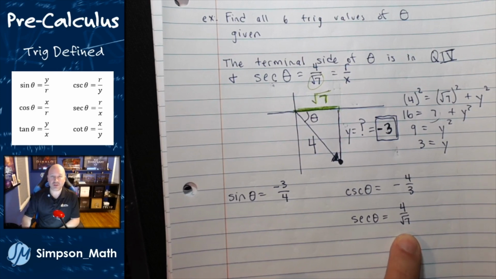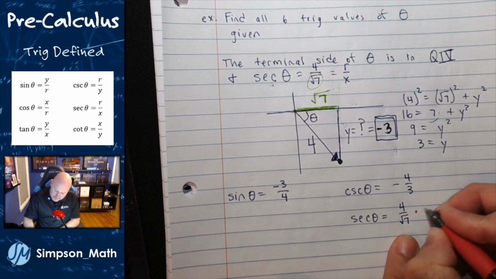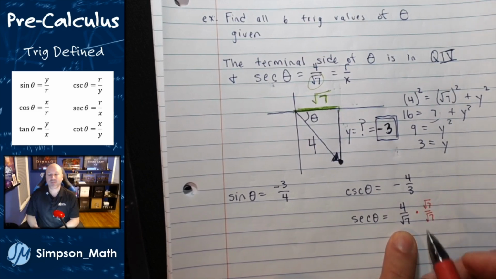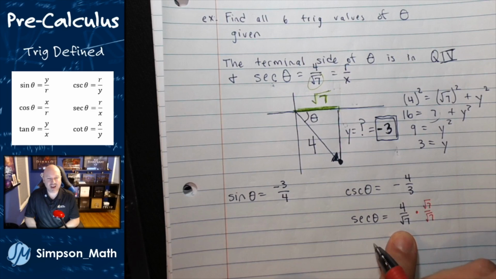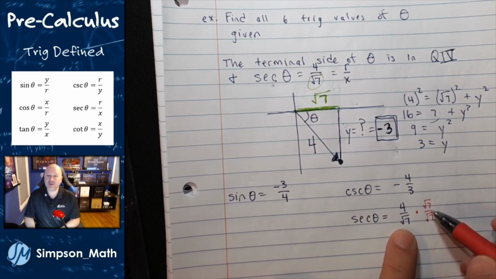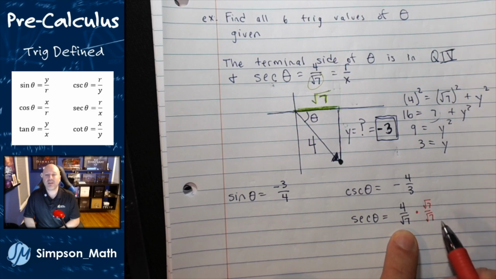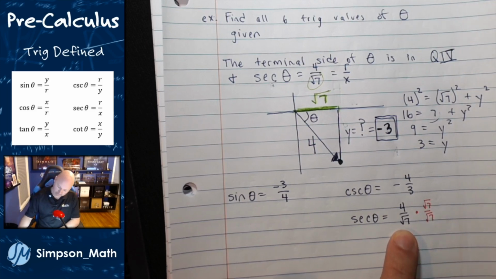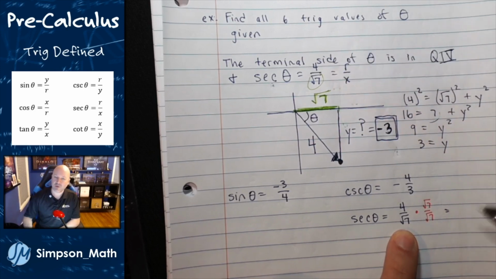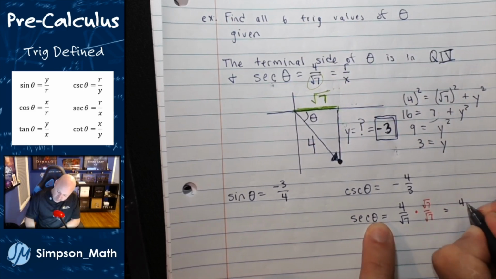And that's easy to quickly handle. I can multiply by that radical. If it's a binomial, like 5 minus root 7, you have to multiply by the conjugate top and bottom. But if it's a single radical like we have here, you just multiply by this very fancy form of 1, and it's going to change what this looks like. So I claim their secant wasn't good enough. Secant of theta is 4 root 7 over 7.